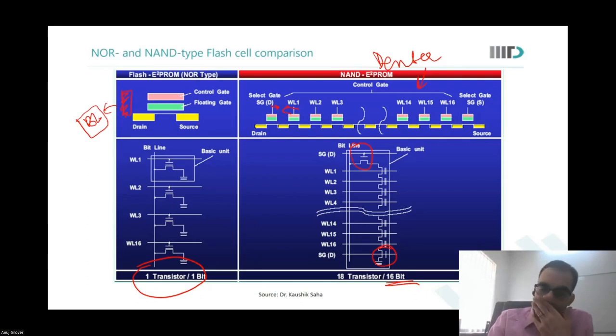So over here, there is only one contact for the bit line and one contact for the ground. Because you have fewer contacts, you can be much denser. Okay, sir.